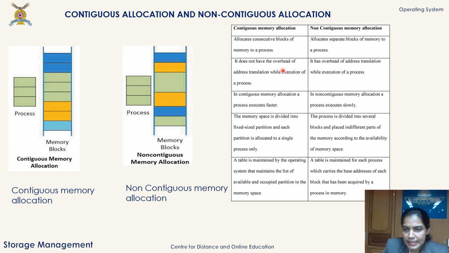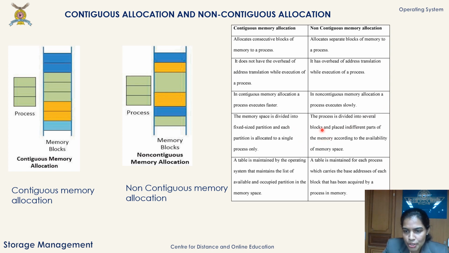In contiguous, there is no overhead for address translation, because if you know the starting address, we can know the ending address of the process, just like the array concept in C. But in non-contiguous, the overhead of address translation during execution of the process will be required. In contiguous memory allocation, the process executes very fast because the blocks are contiguous. But here it may slow down the execution of a process.